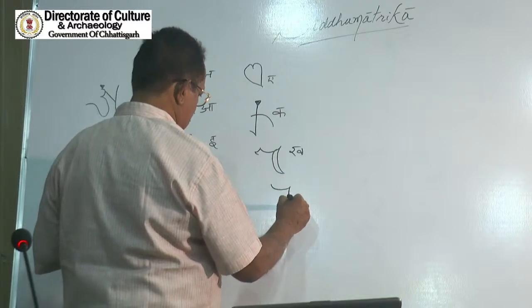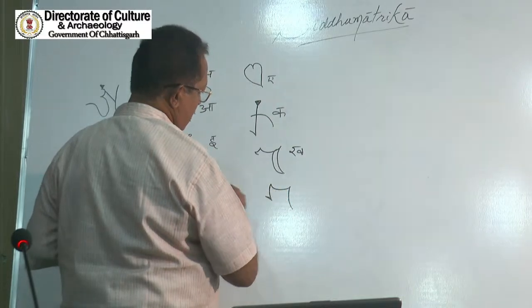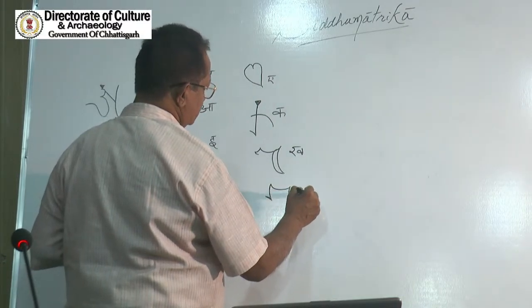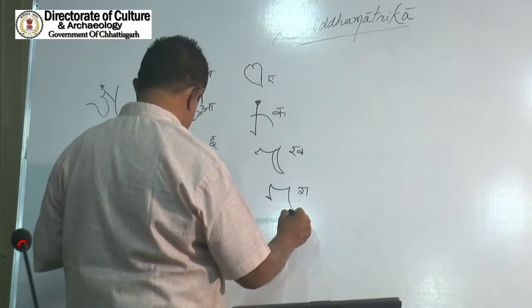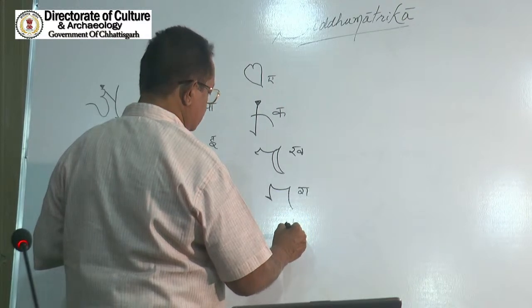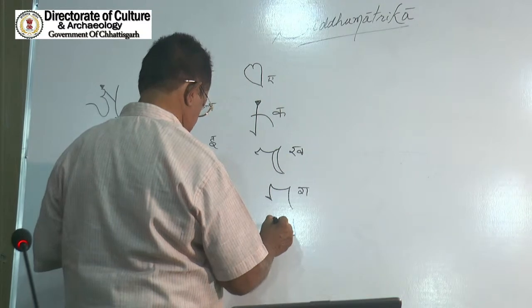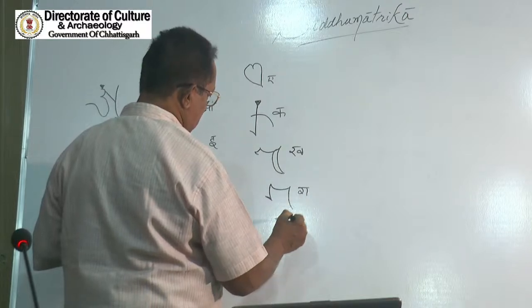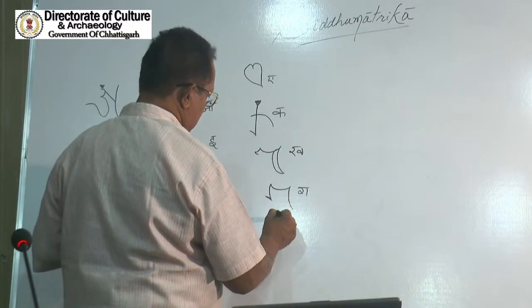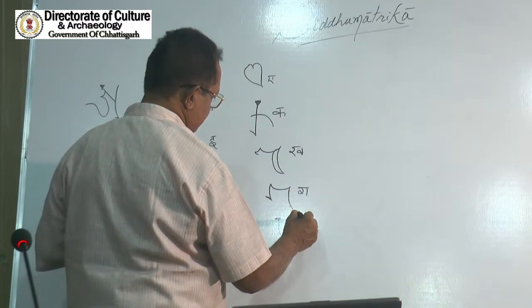Everywhere you know that artistic way. Ga is written. On the arm, the left side arm, you find prominently the sign.